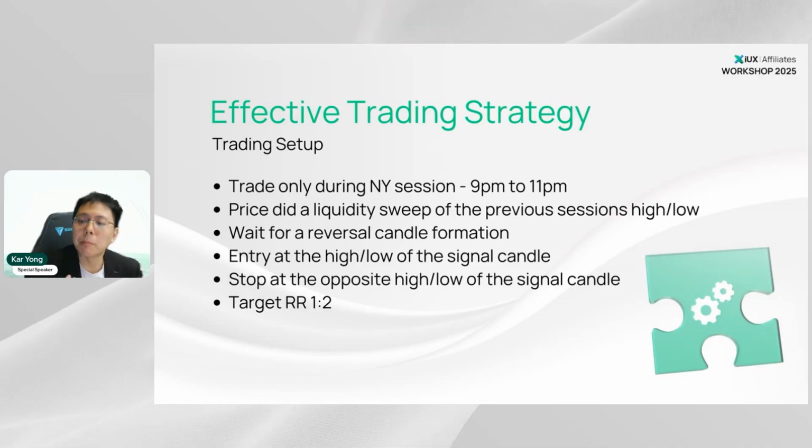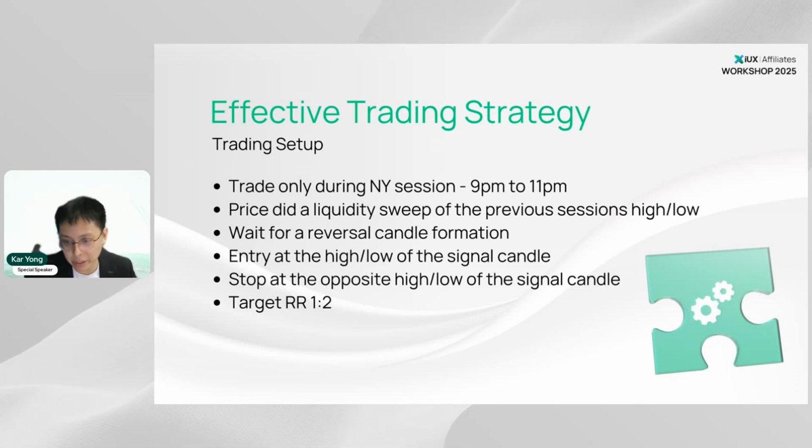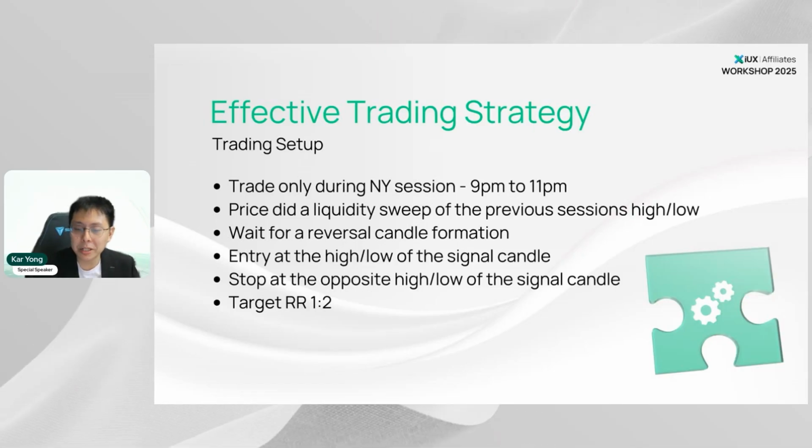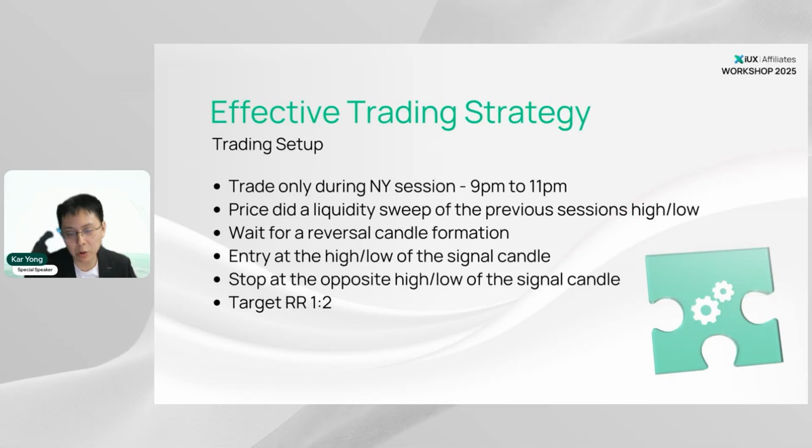If today I want to buy, I want the market to sweep the low, fake break the low. If I want to sell, I want to see a liquidity sweep of the high, a break of the previous session high. In a while, I'll show you a chart on the screen, and we'll talk about that as well. For now, these are the sets of criteria.